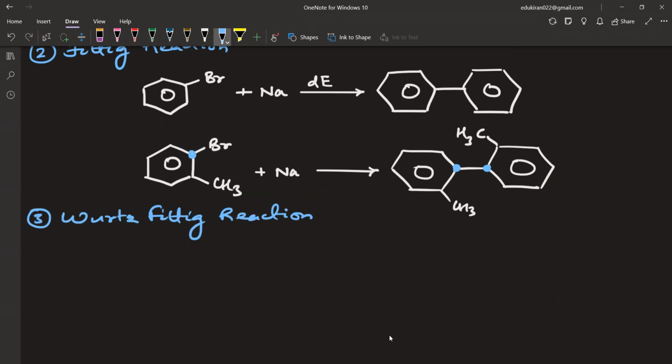In Wurtz-Fittig reaction, we have one haloalkane and the other is haloarene.